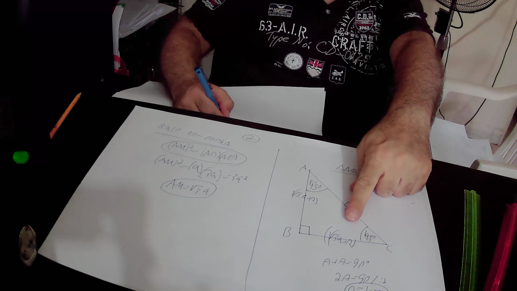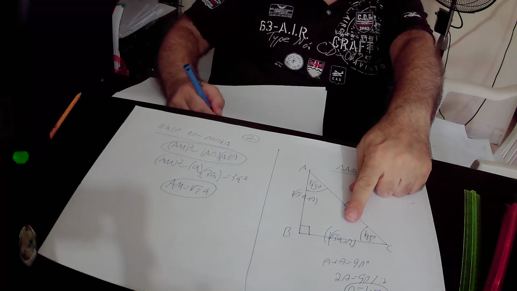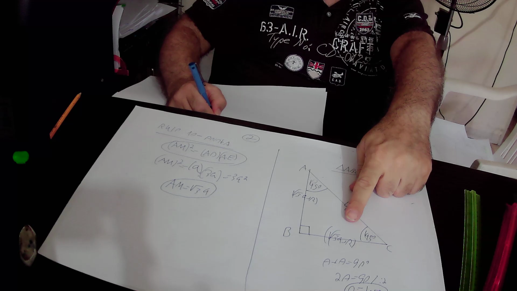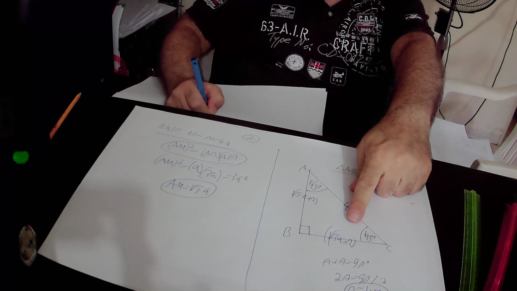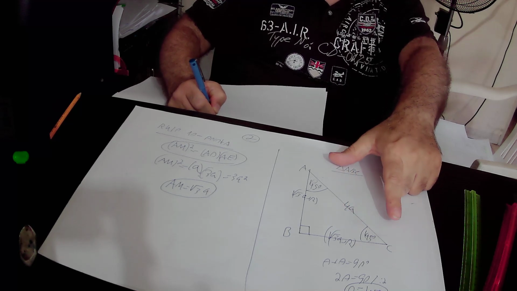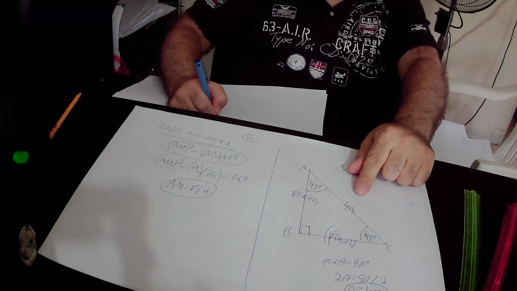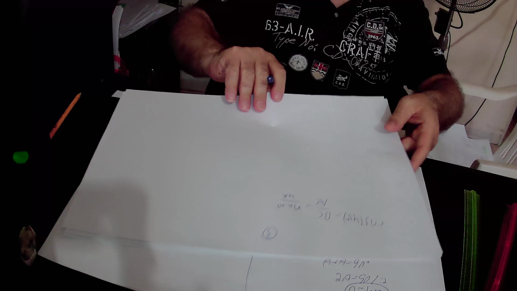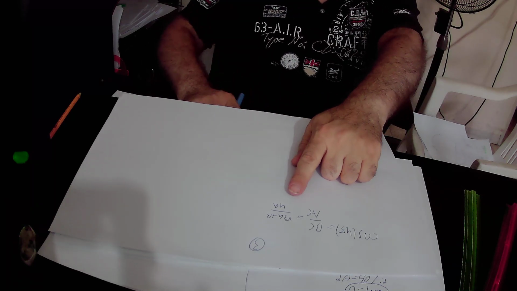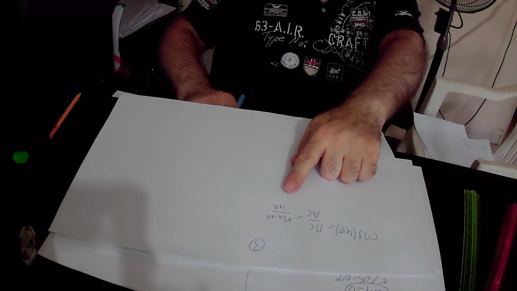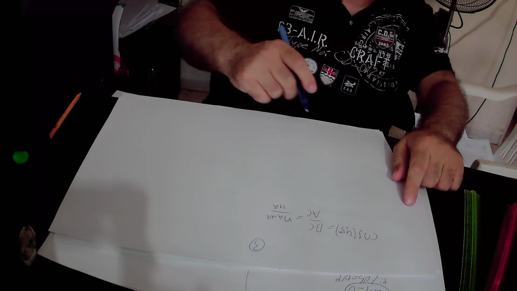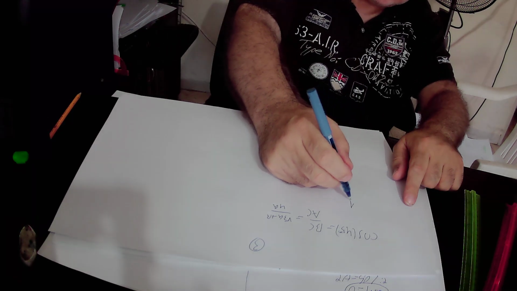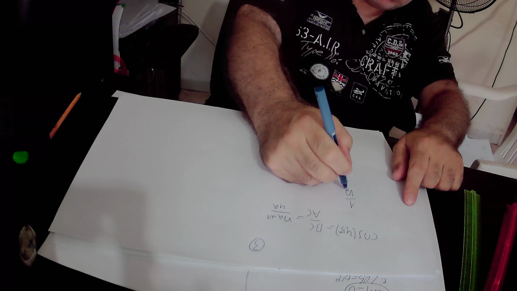BC equals square root of 3A plus R over AC. AC equals 4A. So in conclusion, we found out that cosine 45 degrees equals square root of 3A plus R over 4A. We know that cosine 45 degrees is 1 over square root of 2.